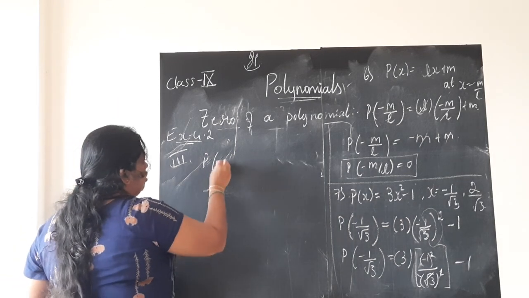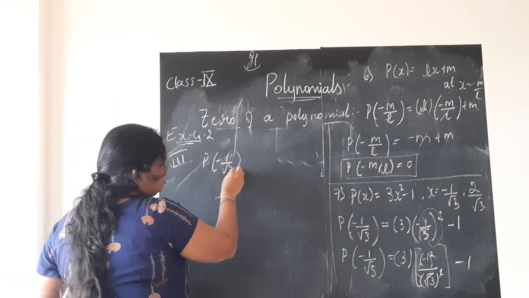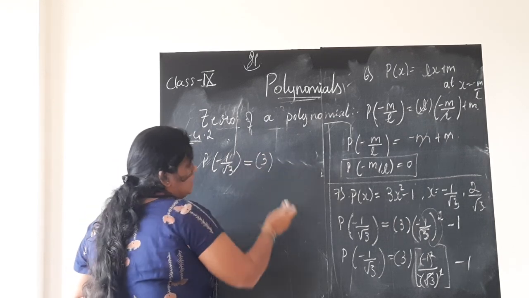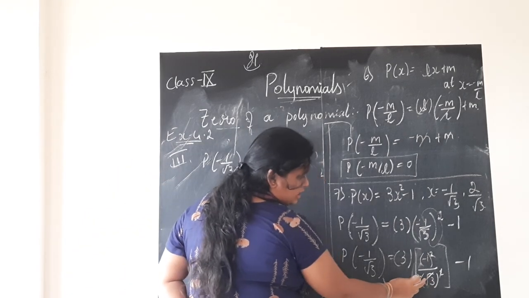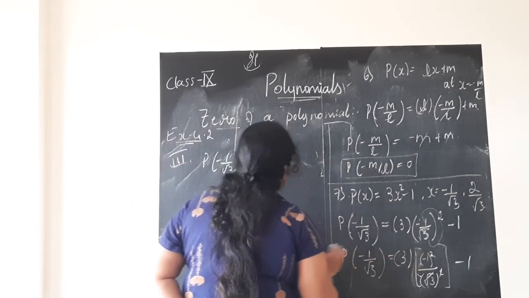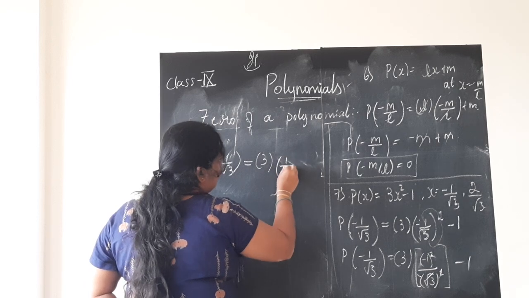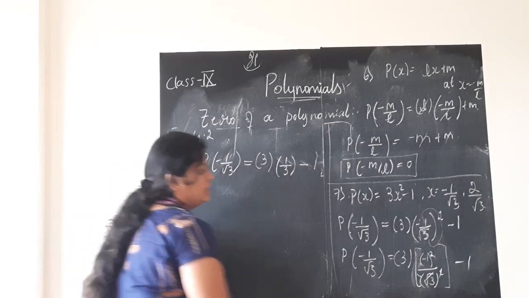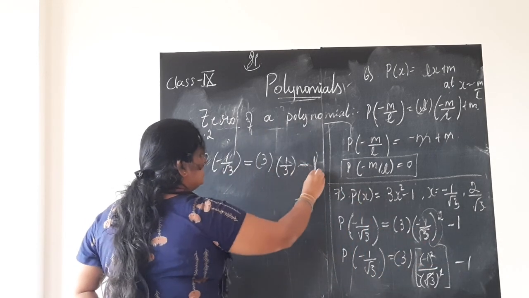So P of minus 1 by square root 3 is equal to 3 in the bracket as it is. This 3 and square root 3 get cancelled, I am left with minus 1 whole square, which is plus 1, so 1 by 3, then another minus 1. This minus 1 I am writing as it is.